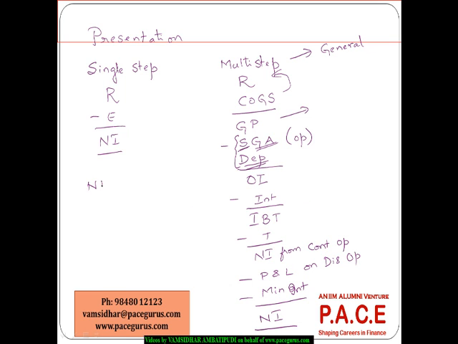Sometimes in some languages the net income is also called profit after tax, or in some cases it is used as earnings, and in some cases it's even used as bottom line.